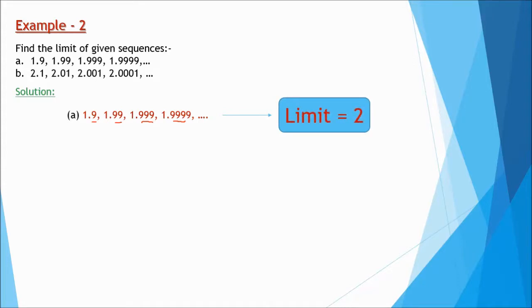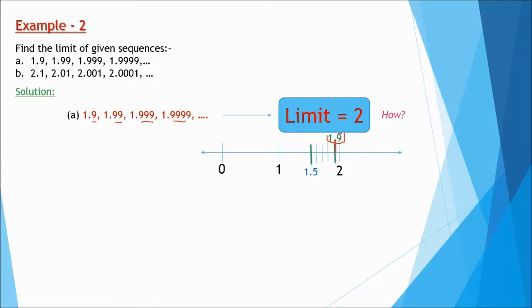Now you can see the explanation of how we conclude that it's 2. Let's see our number line, 0 and 1, and you can see 2. Now the midpoint of 1 and 2 is 1.5, and the 1.9 is right here. 1.9 is near to 2, isn't it?